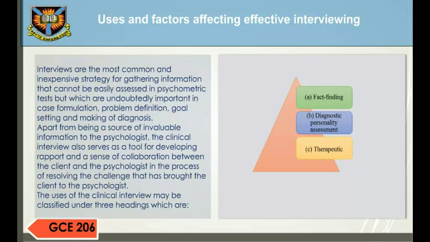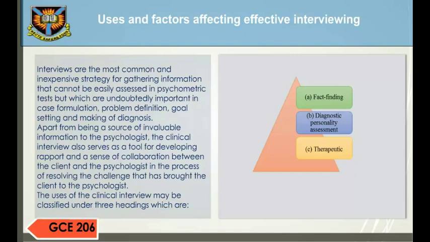Apart from being a source of invaluable information to the psychologist, the clinical interview also serves as a tool for developing rapport and a sense of collaboration between the client and the psychologist in the process of resolving the challenge that has brought the client to the psychologist.